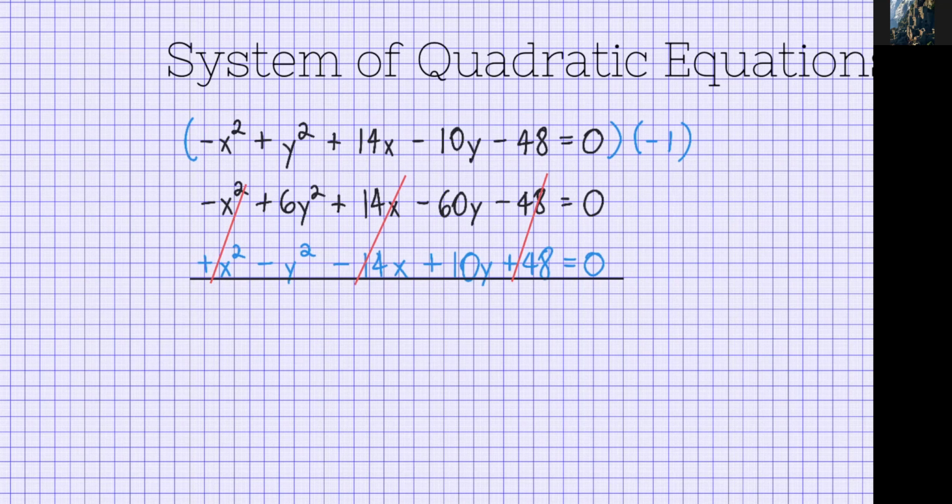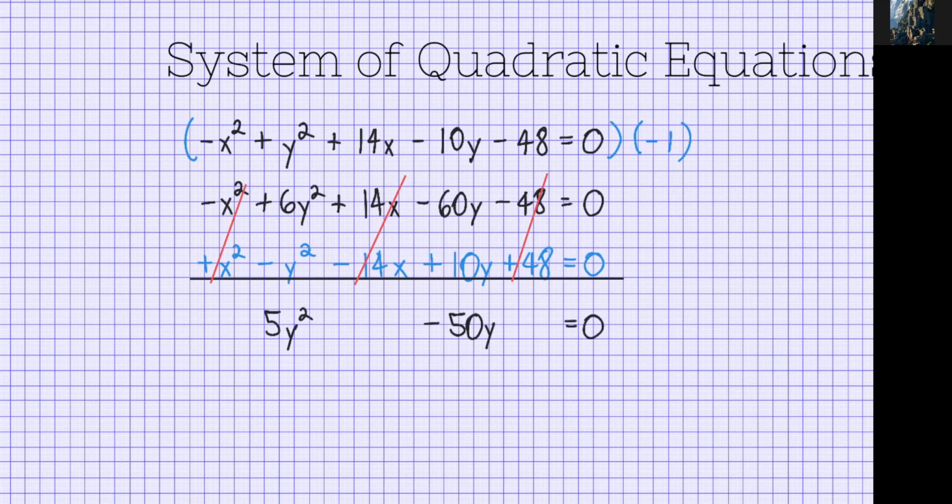So now I have 6y squared minus y squared. This will be 5y squared. And then negative 60y plus 10y. This will be negative 50y, and this equals 0.